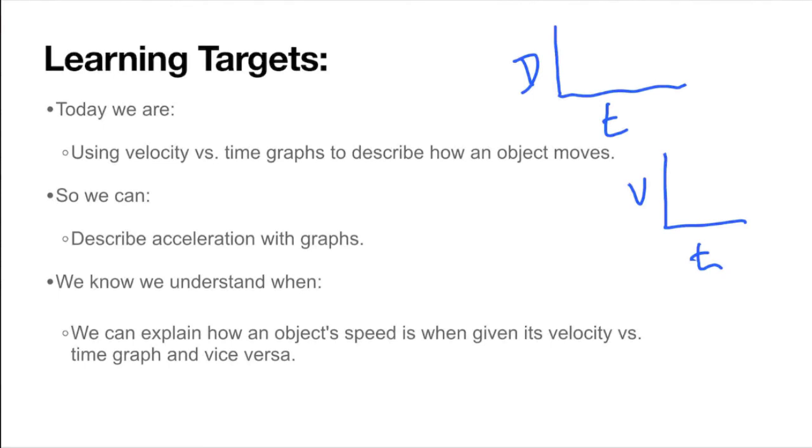A lot of students have this misconception for this distance versus time graph up here. If something starts away from the origin and it's walking towards it, whether at a fast constant pace or slow constant pace, they start away from it and then they go like that.